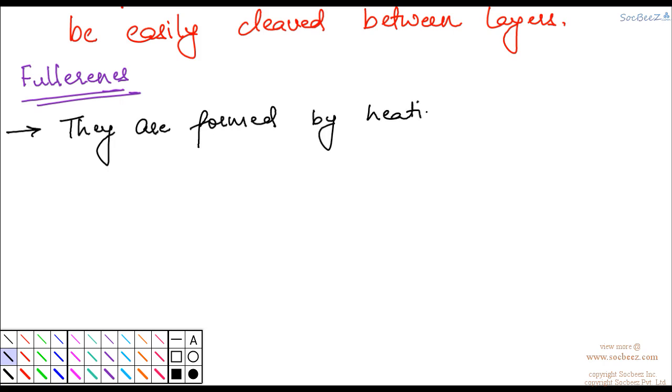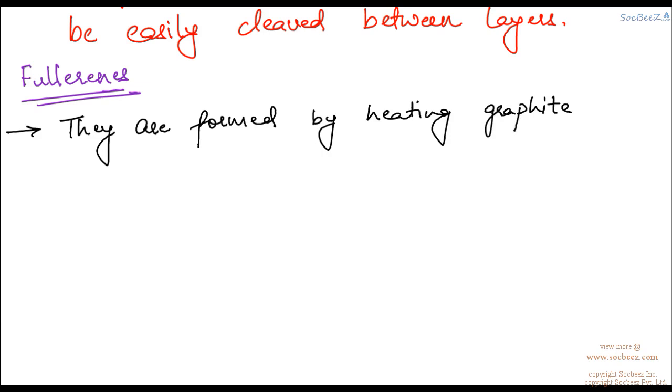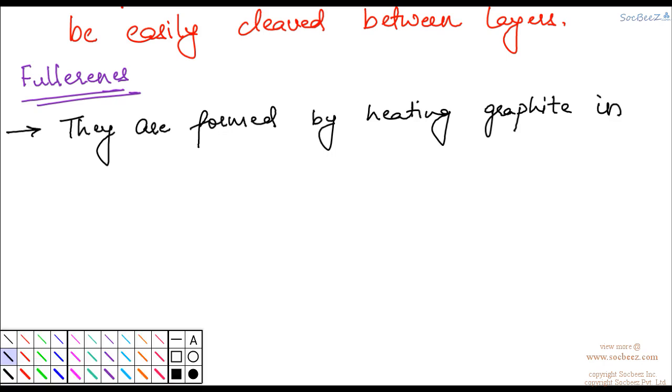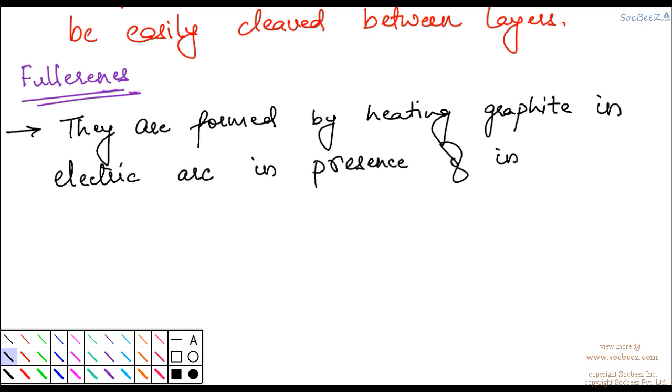They are formed by heating graphite in an electric arc in the presence of inert gases like helium, argon, anything. So fullerenes are formed by heating graphite in an electric arc in the presence of inert gases.